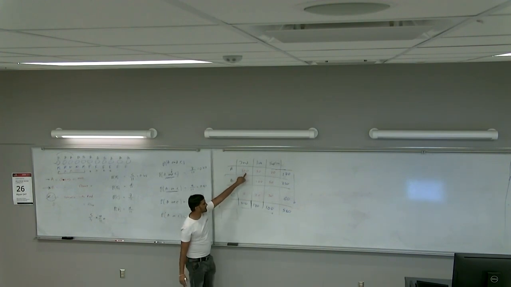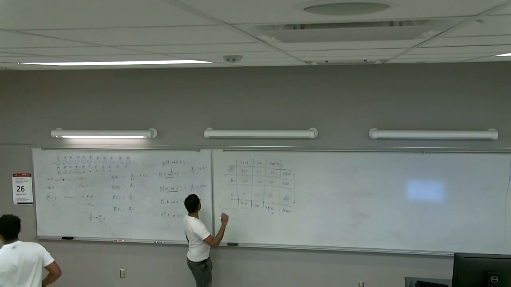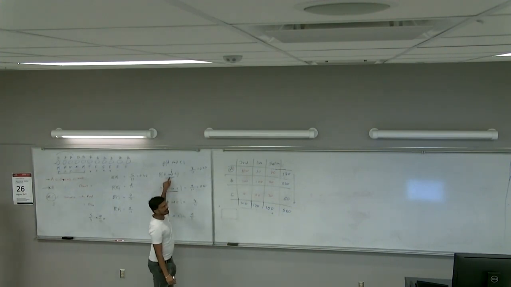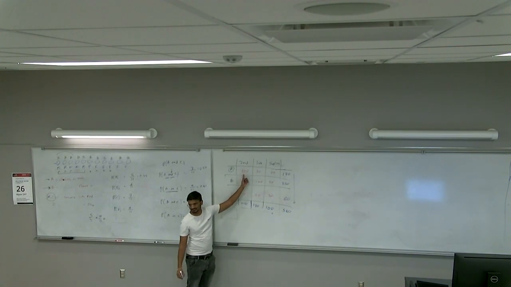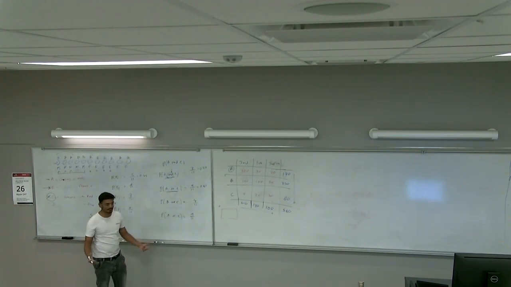Now, this point, what is the property of a tree belonging to this part or this segment? That tree should be of type A and it should be dead. Right? So it basically speaks about the combination with and.